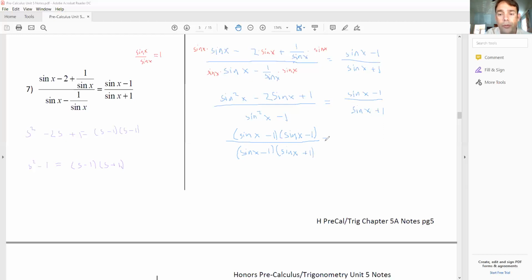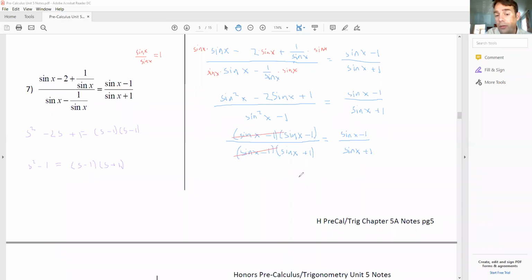And that would be equal to the right side. So at that point, I can look to cancel out my common factor here, friends, and whoop, whoop. When we do that, we end up getting the same thing.